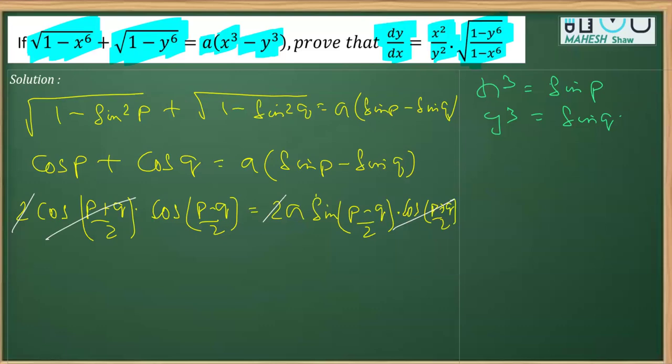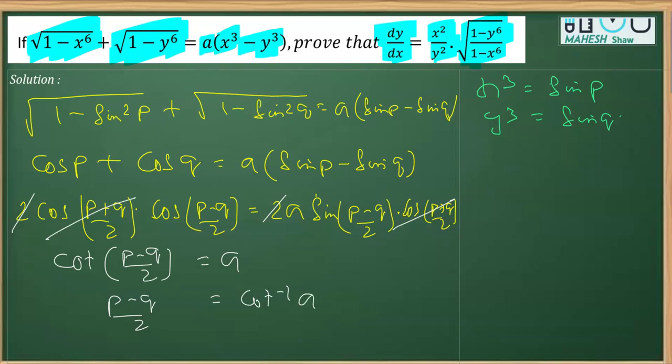Now, if I simplify, I can write either in terms of tan or cot. Let's say I write in cot: cot((p−q)/2) is equal to a. Transposing, cos by sin is cot. So I can write (p−q)/2 as cot inverse a.